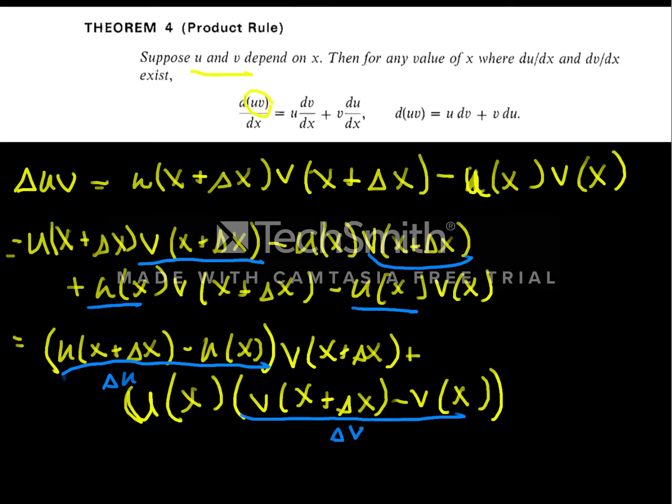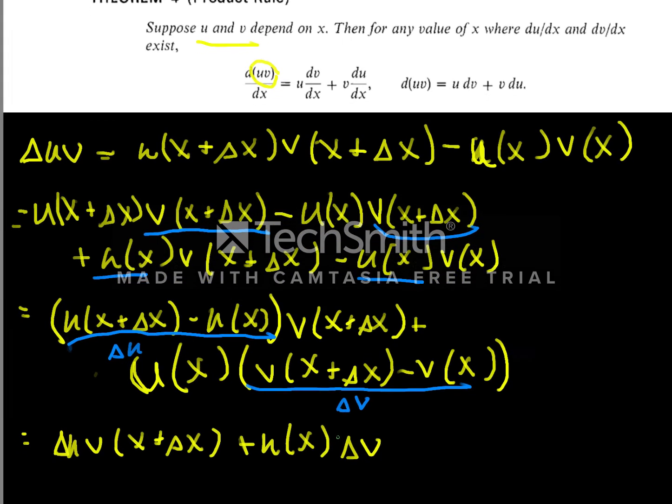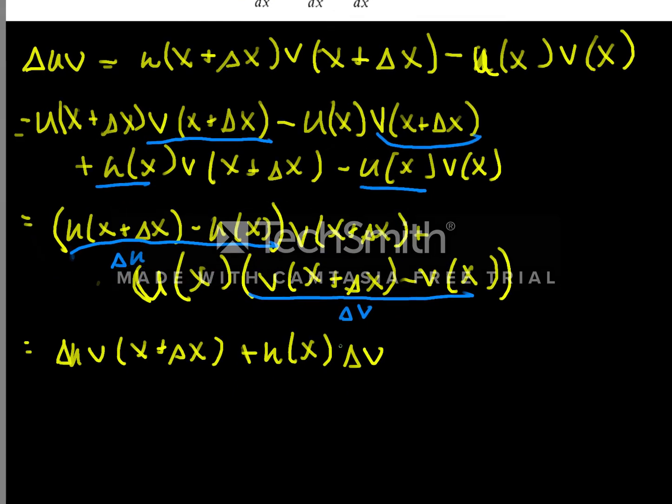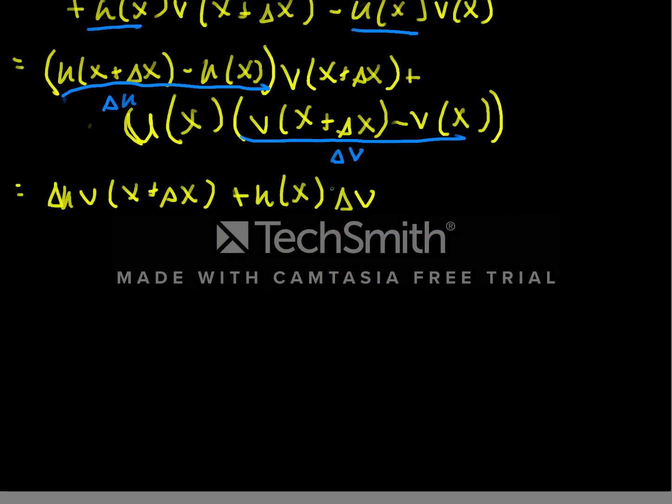So recognizing that, I can rewrite this using that notation as the change in u times v of x plus delta x plus u of x times change in v.